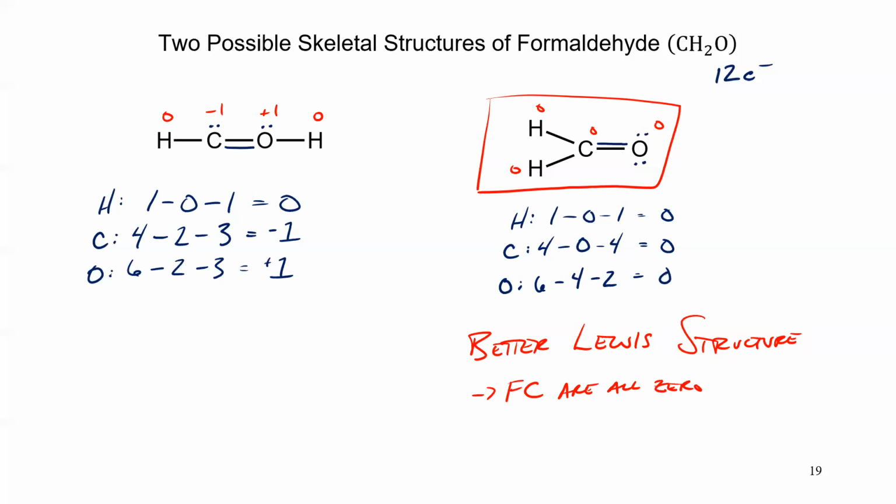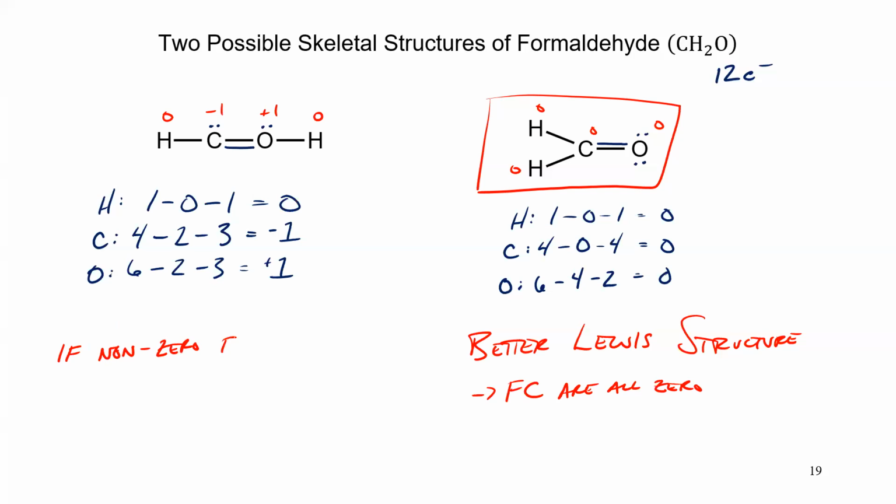When that happens, which do you think would rather have the negative formal charge, carbon or oxygen? In this case, carbon has it, but which of those 2 atoms would rather have a negative formal charge? Oxygen. Why is that? It's more electronegative. Absolutely.